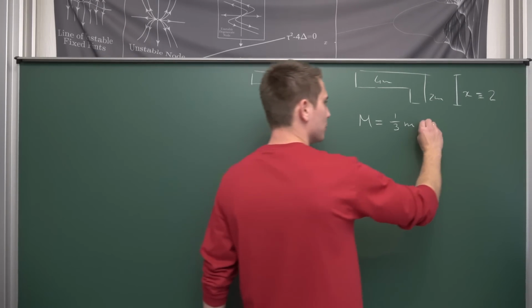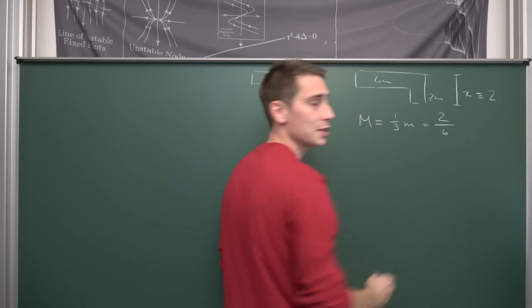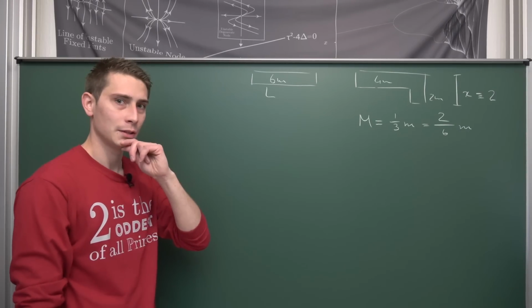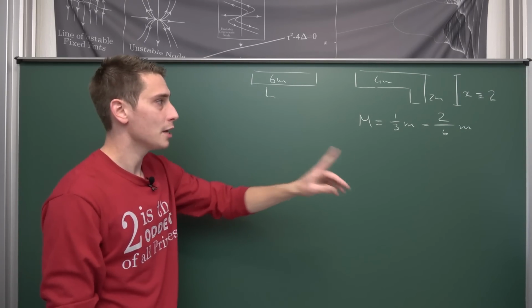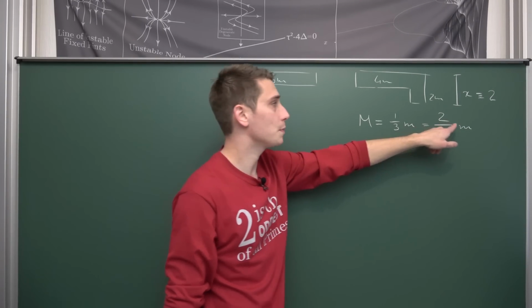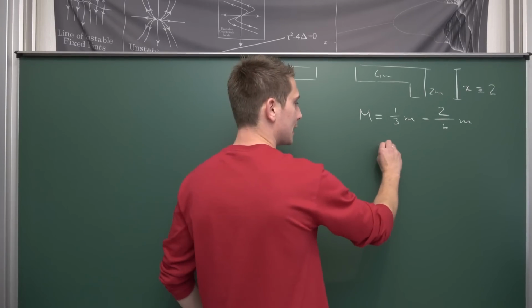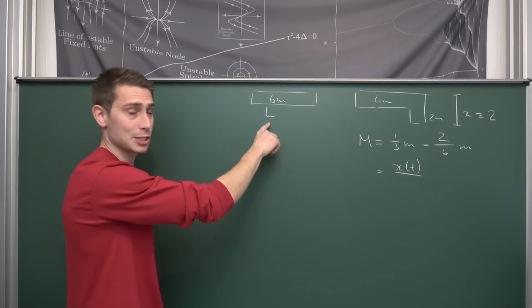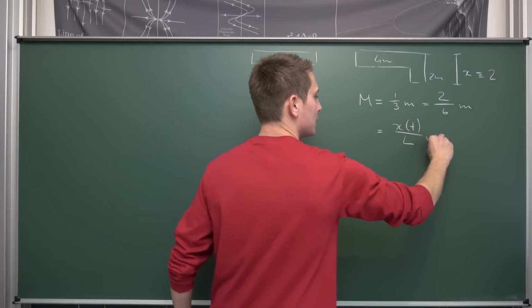To put this into different terms, this was 2 out of 6 meters times our mass m. Now notice 2 is going to be our x, meaning our M is going to be our x with respect to t, divided by 6, the total length of our string, times m.